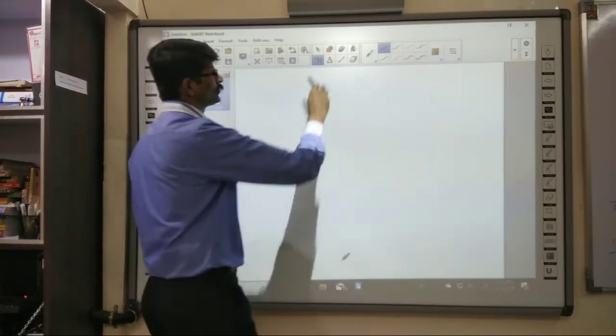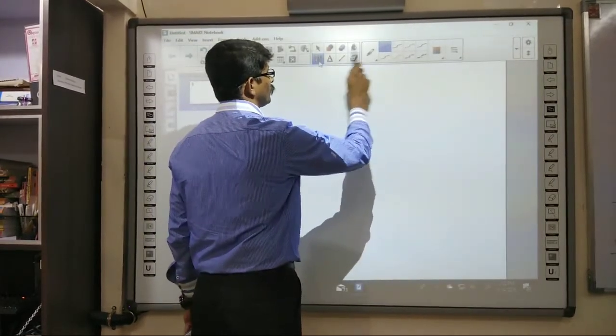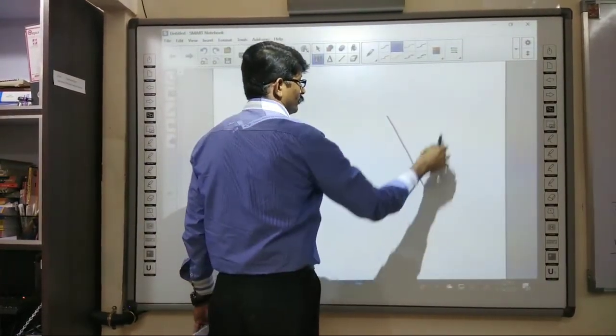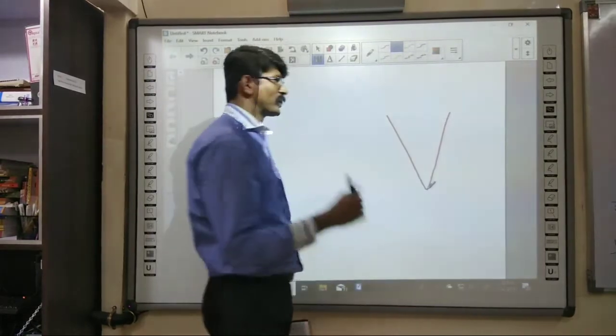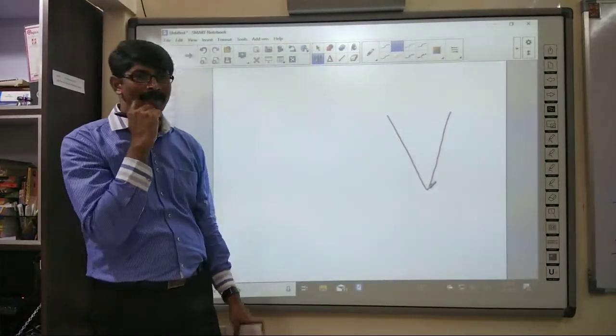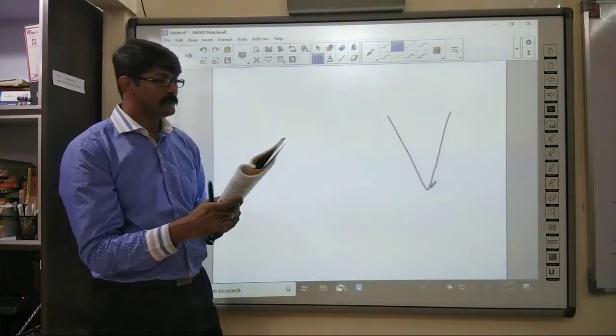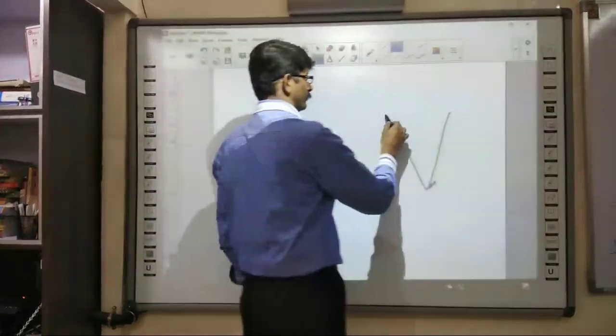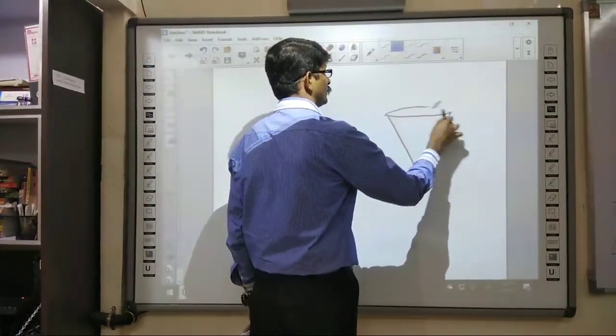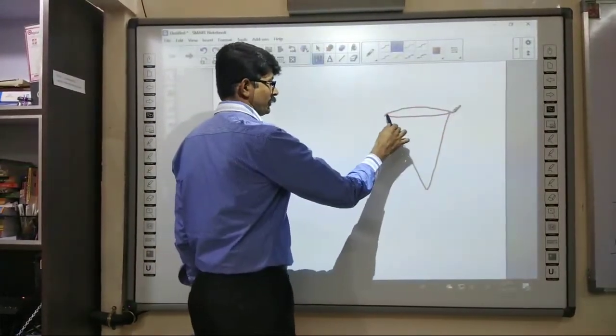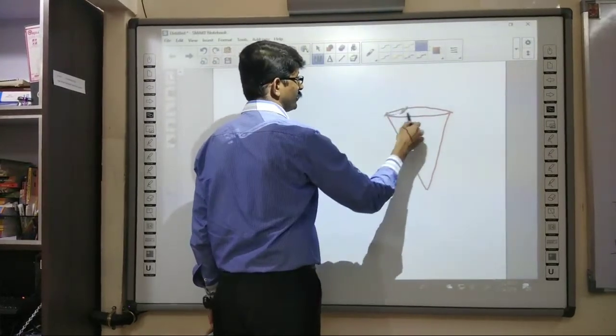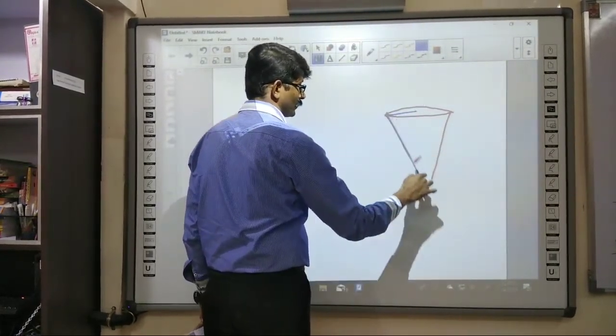So let's draw the cone. Always remember, students, start by drawing the diagrams. So this is basically the radius and this is basically the slant height.